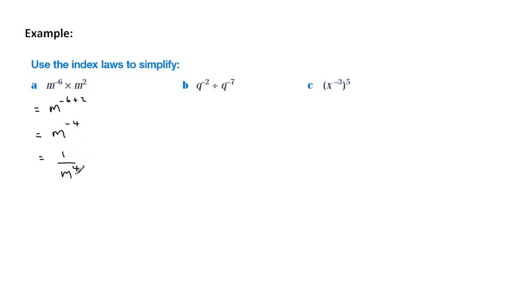Now this is exactly the same as this one. In this one we've got a division, so we know that we're going to be subtracting indexes. So we'll write it as a division first of all. We know that we've got the same bases, so we're subtracting the indexes. That's minus 7.